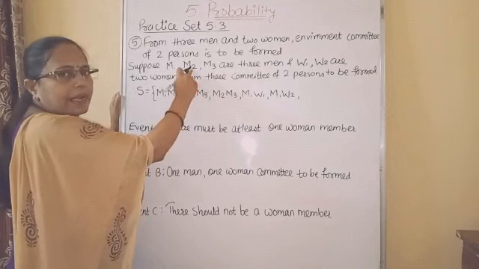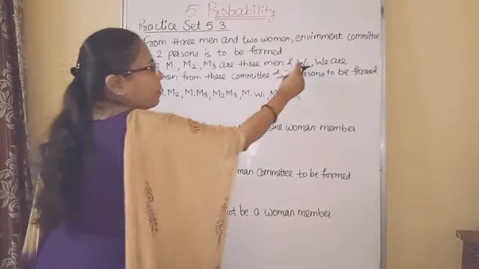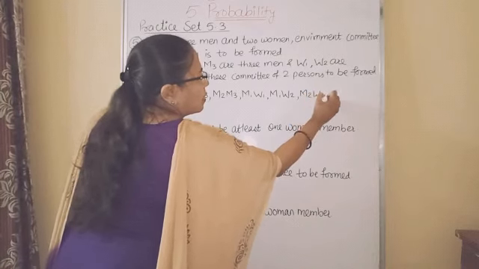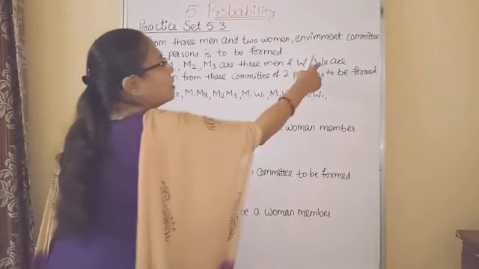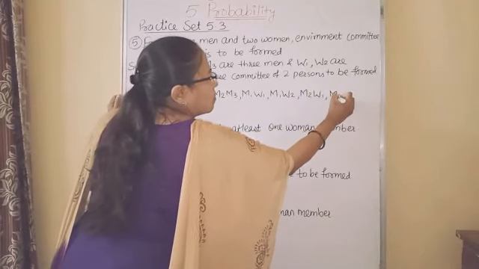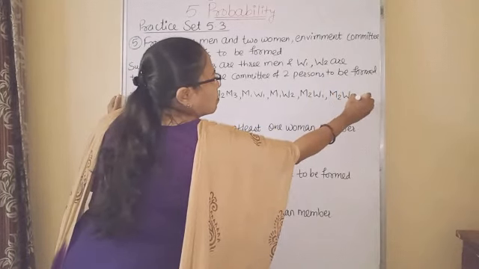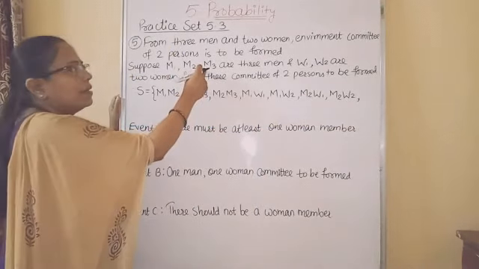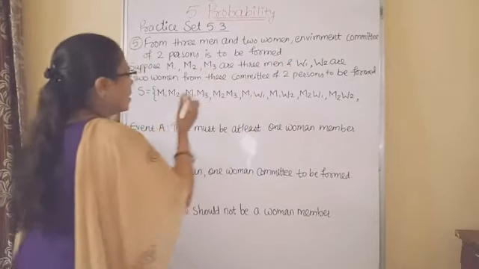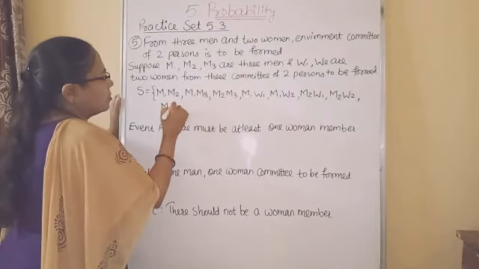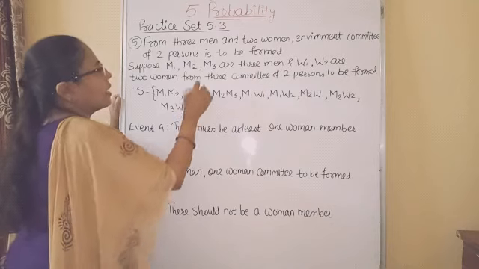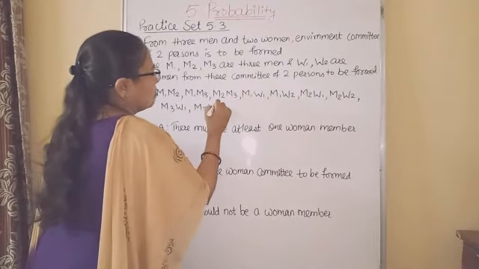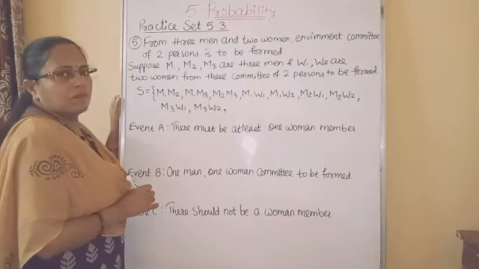Now we will take this second man. M2, W1. M2, W2. For the second man, we took both the women. Now we will take the third man. M3, W1. Then M3, W2. Followed?